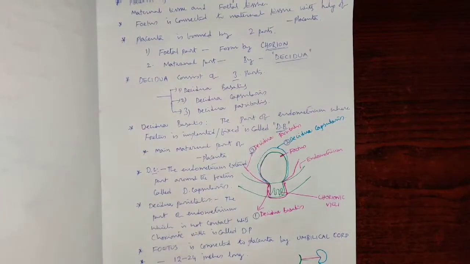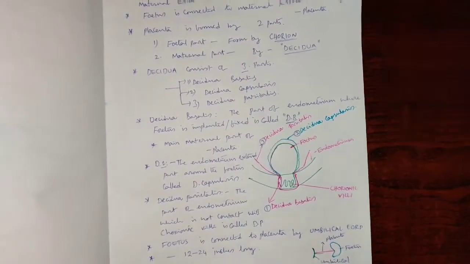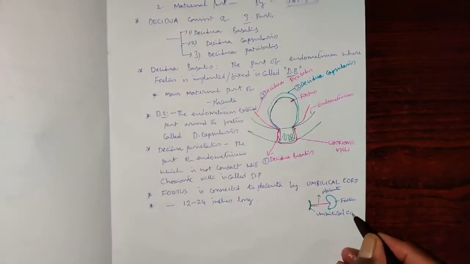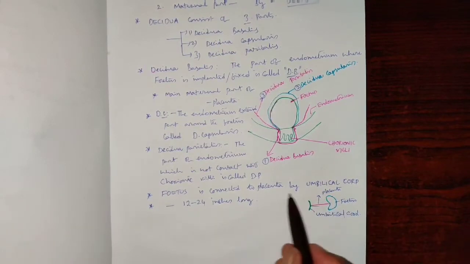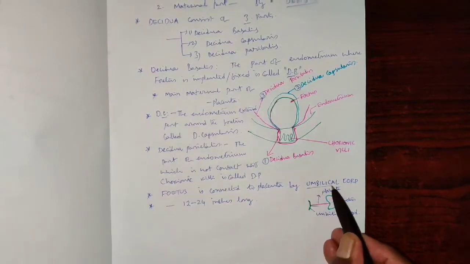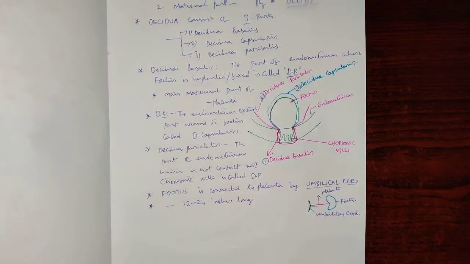So the fetus is connected to placenta by umbilical cord. The length of the umbilical cord is about 12 to 24 inches.